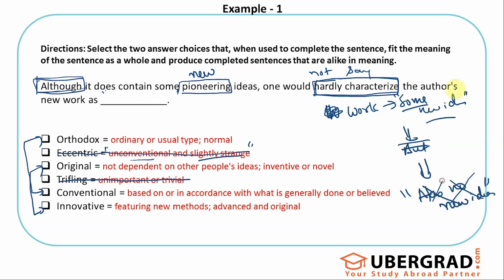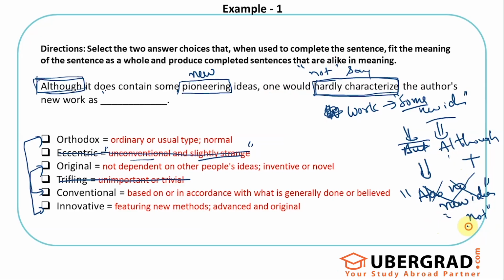I'll come again. Let's see this part. Talking about the author's work, the first one is saying new ideas. So it does contain some new ideas. Then I see a pivot word although, which is taking you into a negative direction. But you also have this word like not. Though you don't see not here, I'm using it because it's one would hardly characterize the author's new work as. So that's like another negative word, not.